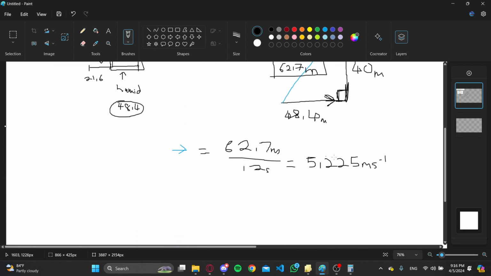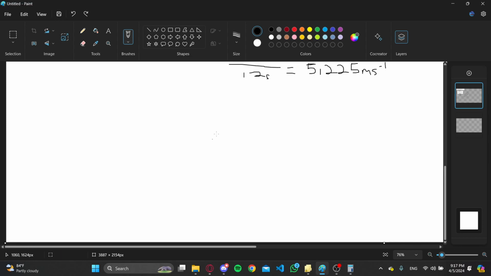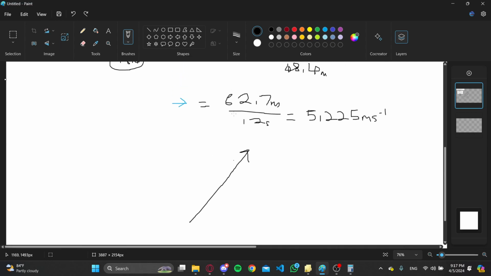Okay, so how do I convince you that this is the true speed of Hamid's boat without the help of the river? We don't know the exact angle. You can find it if you want using trigonometry, but let's just say that this is the true vector, all right? It's 5.225.